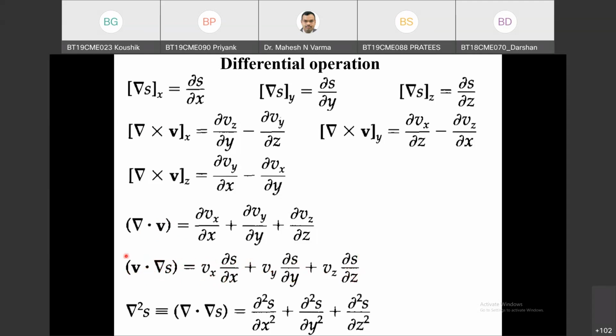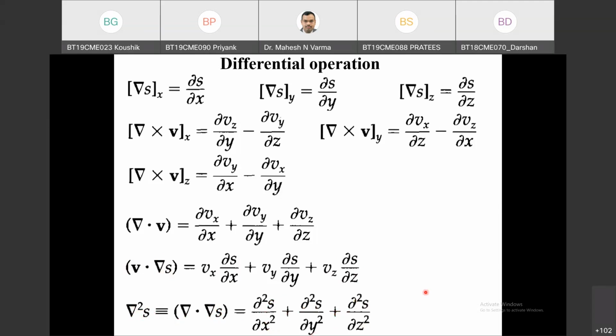This is how we can read velocity dot del into s. Similarly, del squared s, the square operation of del on scalar s, will be equal to del dot del s, and that will be equal to del 2s by del x square plus del 2s by del y square plus del 2s by del z square.